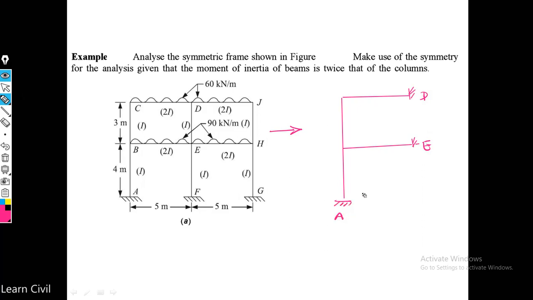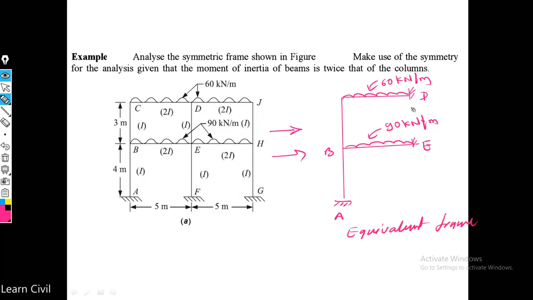We will have here joint A, whereas this particular span is subjected to a load of 60 kilonewton per meter, and this span BE is subjected to a load of 90 kilonewton per meter. Okay, so this is the equivalent frame.